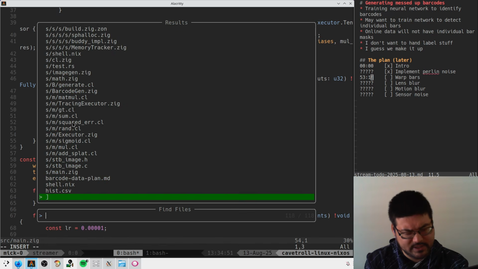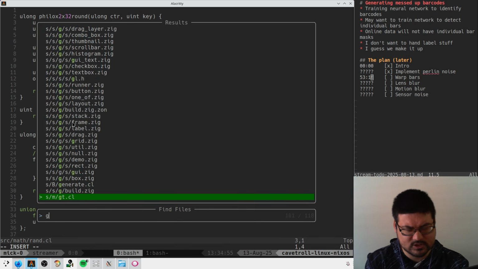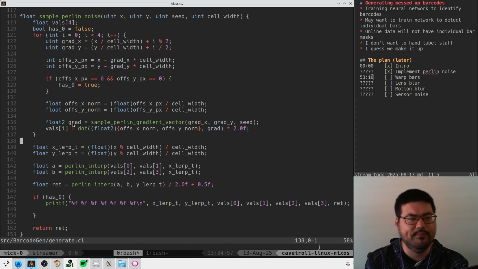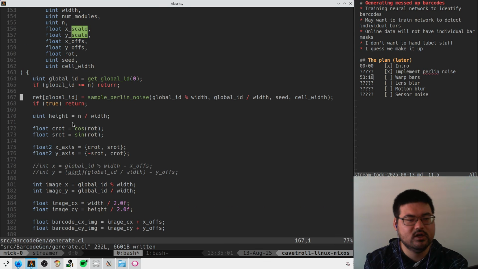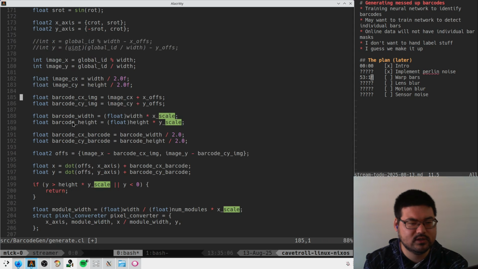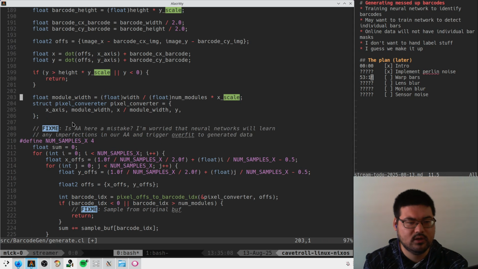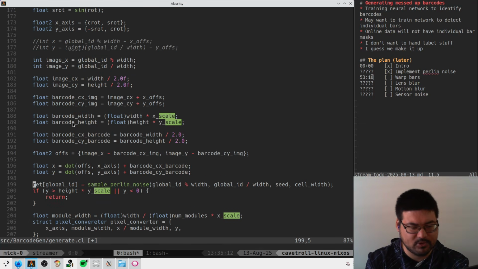So what I want to see now is in randcl, sorry, in whatever this thing is, generate CL. Instead of just outputting the Perlin noise like this, we can sample Perlin noise and use it to adjust our X and Y sample positions.